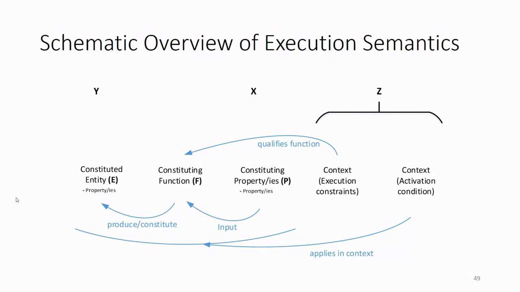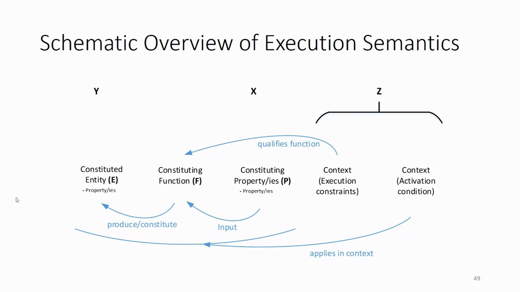Right? So if you think about the function of the board being constituted in a wider sense, they need to take input in terms of the elementary functions that the board has to perform. With this in mind, we see the semantic relationship between the constituting function, the properties, and of course the entity more specifically, in addition to further constraints that may apply during execution in the form of execution constraints.